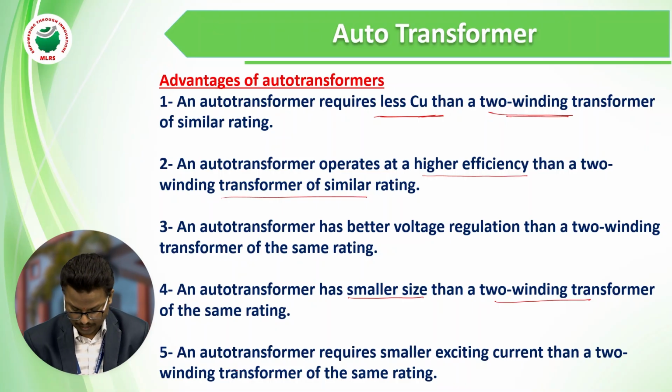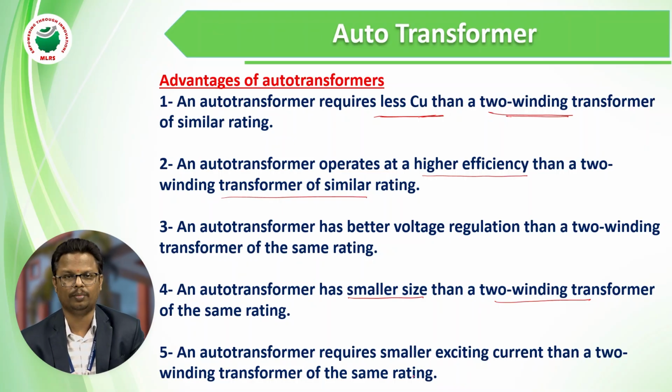Okay, and next one, fifth one, an auto transformer requires smaller exciting current than a two winding transformer of the same rating. So auto transformer requires a small amount of excitation current compared to the two winding transformer. Okay, in two winding transformer we have to increase the excitation current. Why?